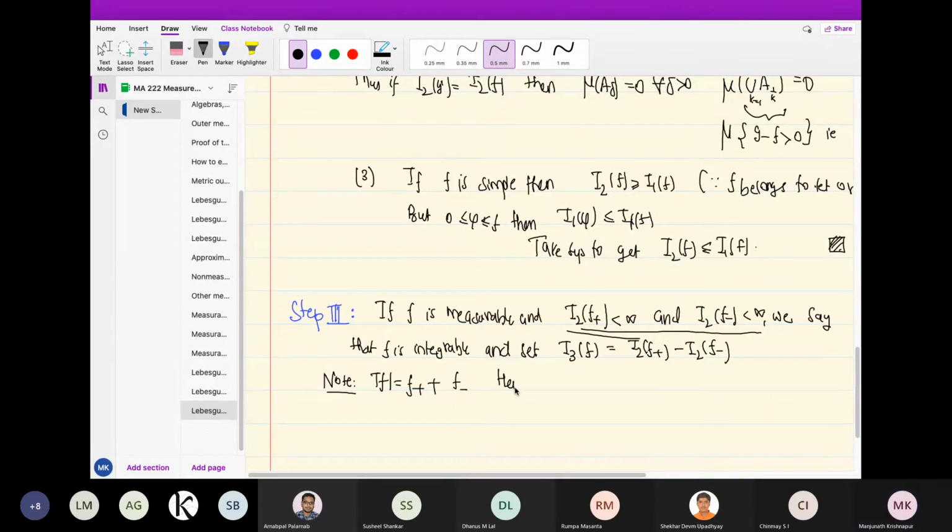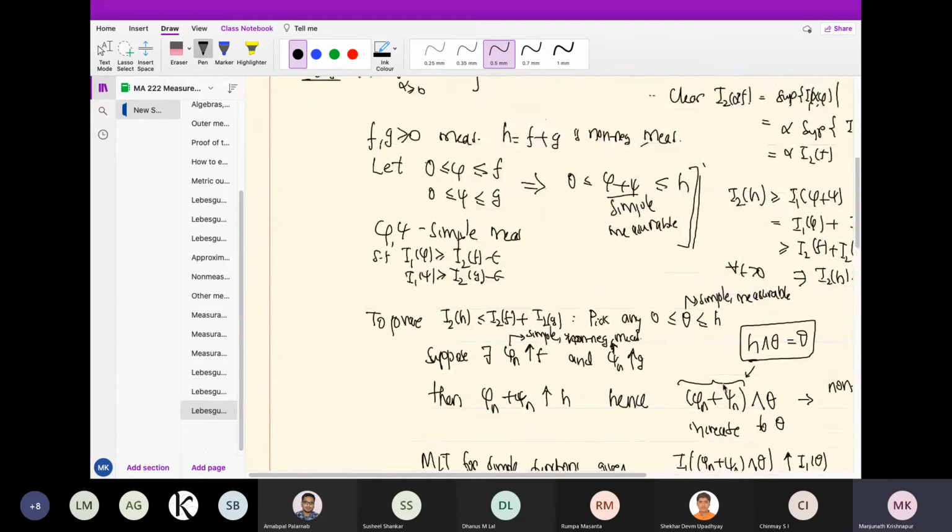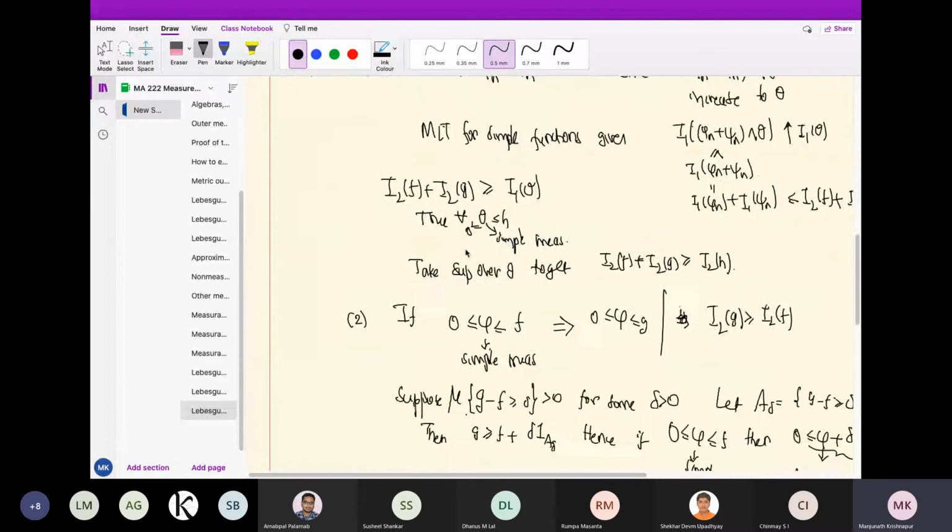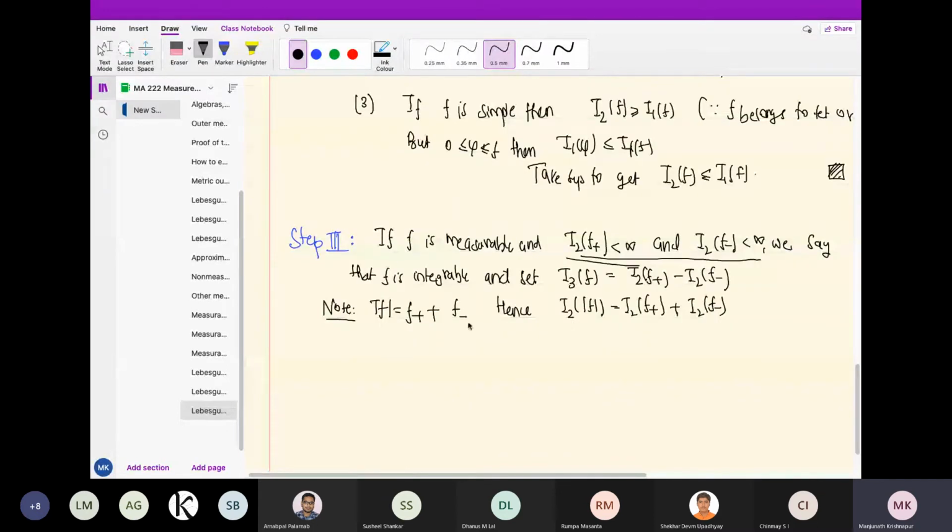Hence all three are non-negative measurable, right? I2 of mod f is I2 of f plus plus I2 of f minus by the previous step. Here we have shown additivity for non-negative measurable functions, and mod f is f plus plus f minus. So this we know.